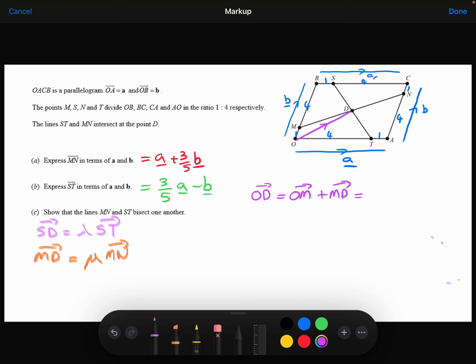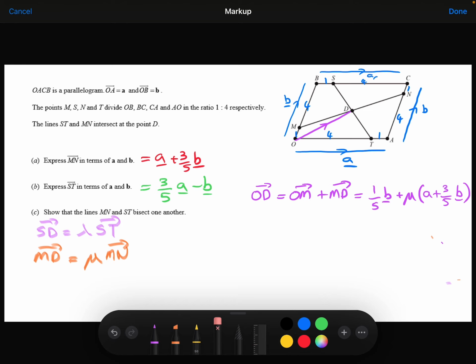O to M, I know that's 1/5 of B. And the M to D, I know that that is mu MN. And MN, we worked out in part A of the question. So that's one way of me calculating O to D. It's not the only way.